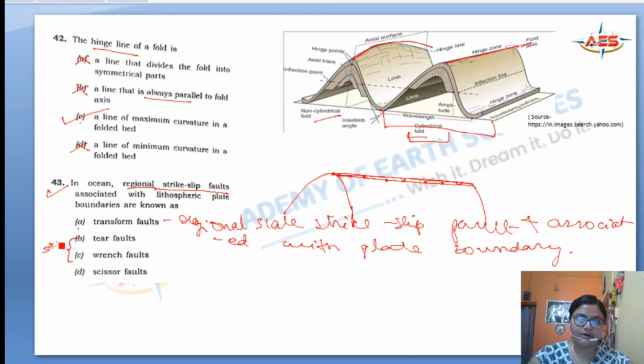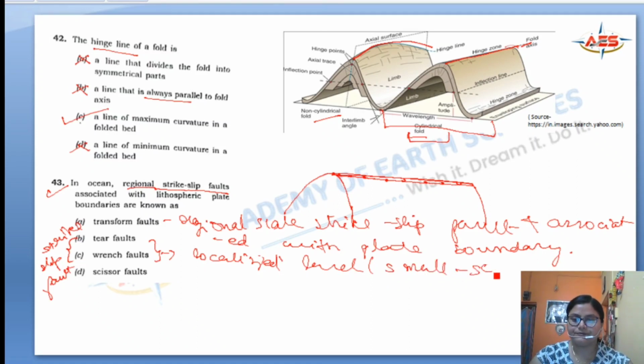Okay, now in the case of the tear fault and ridge fault, देखिए ये जो दो fault है ये भी strike slip fault है, they are also strike slip faults, but they are occurring at a localized level. मतलब क्या है, they occur at a small scale level. Okay, now in the case of Caesar fault, what is Caesar fault?